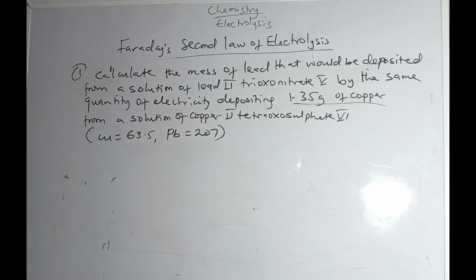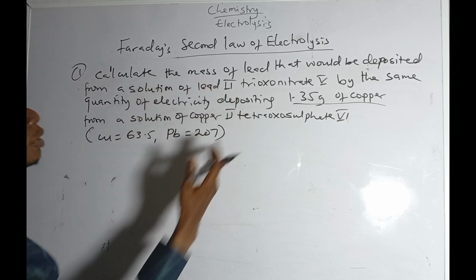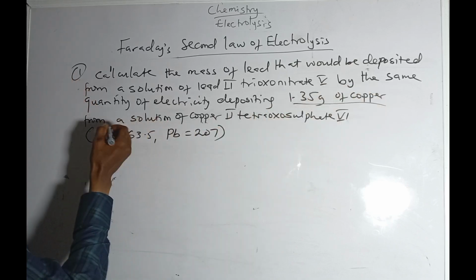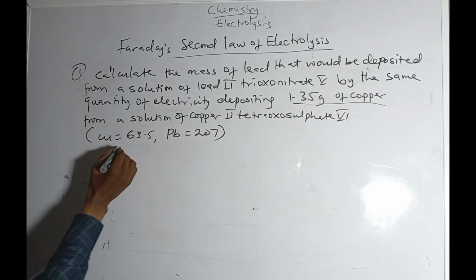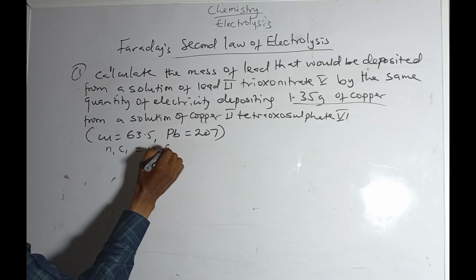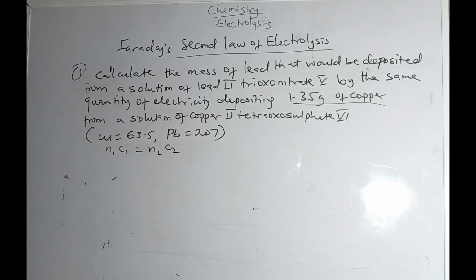From this question, you discover that they are talking about 2 solutions, but the same quantity of electricity. So the formula I gave you before is N1C1 is equal to N2C2, because this is just talking about 2 species.